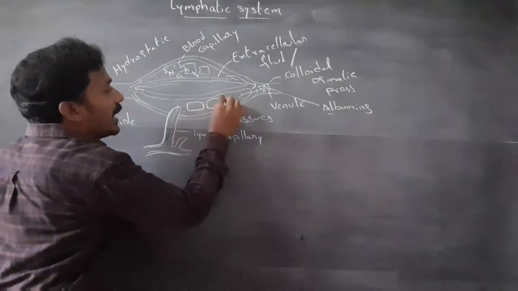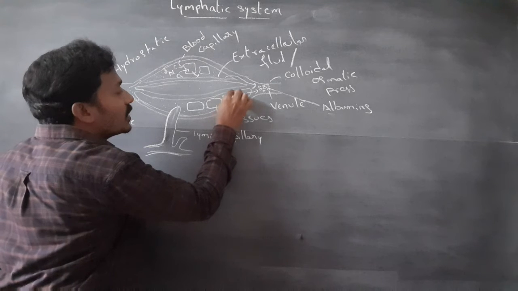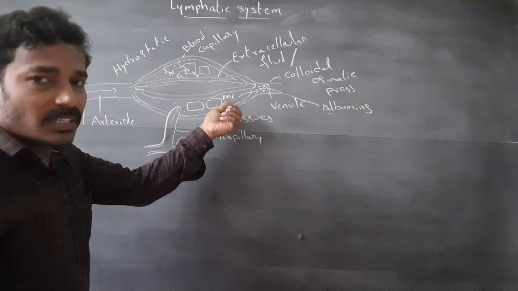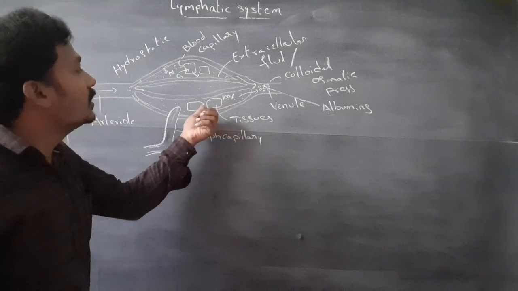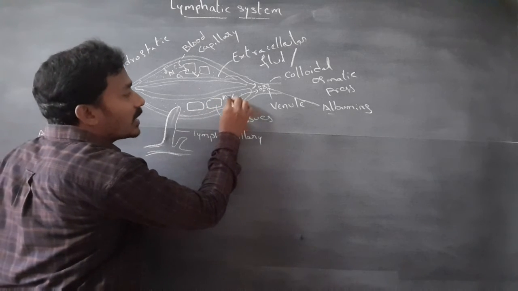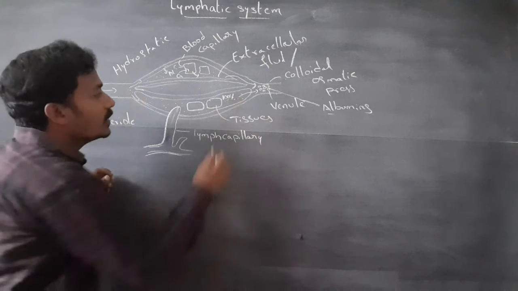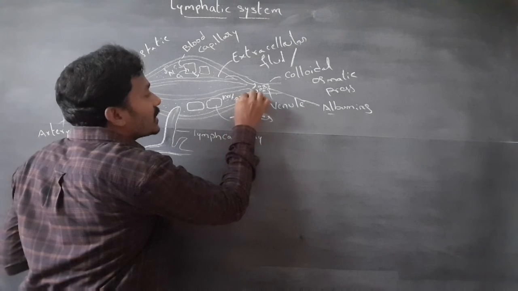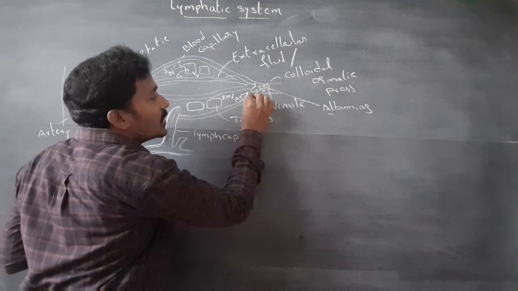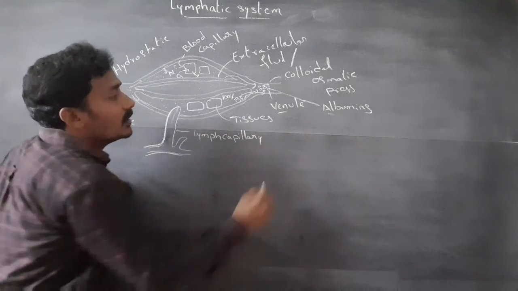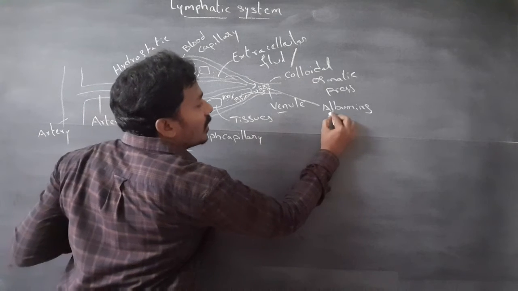For example, of 100% of the extracellular fluid in the tissues, 85% is returned into the venules because of the albumin.